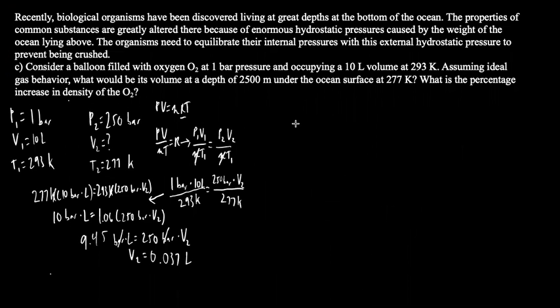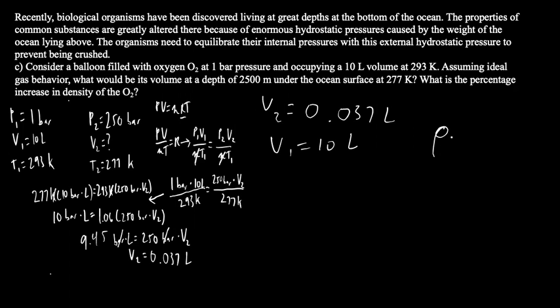Okay, so it looks a bit messy, but we calculated our V2 to be 0.037 liters. And our V1 was 10 liters. And we need to find the percent increase in density of oxygen.